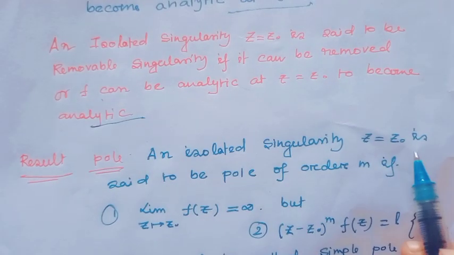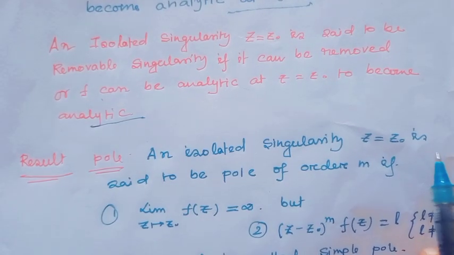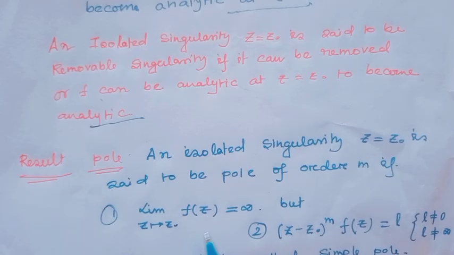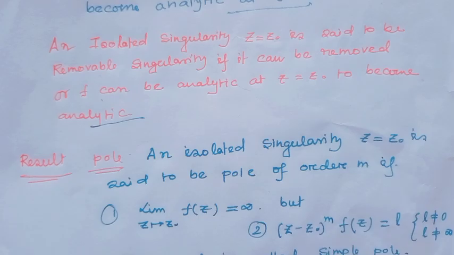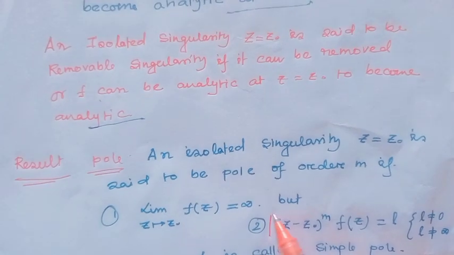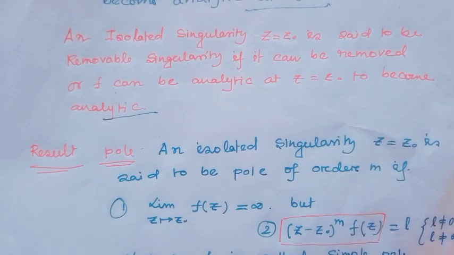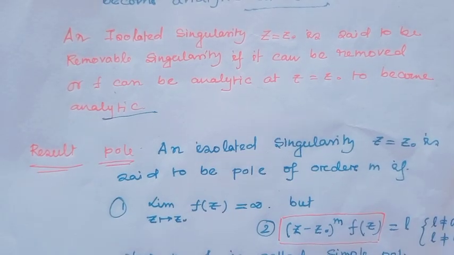An isolated singularity Z equal to Z naught is said to be a pole of order M if the limit as Z tends to Z naught of F(Z) equals infinity, but the limit of (Z minus Z naught) to the power M times F(Z) equals L, where L is not equal to 0 and not infinity.